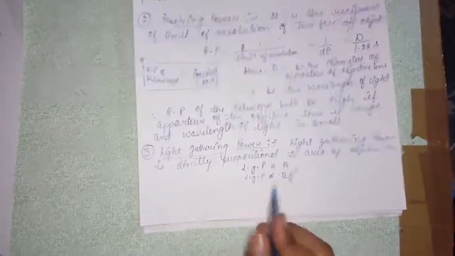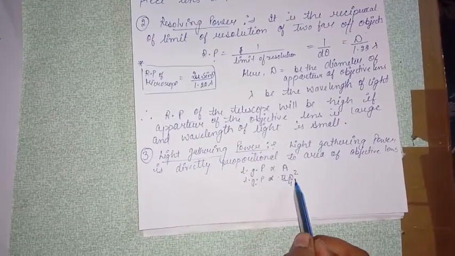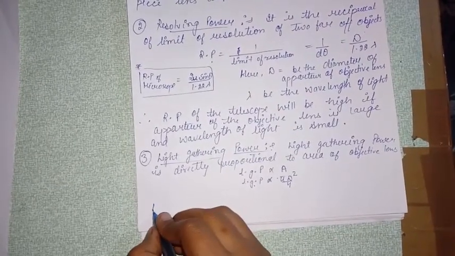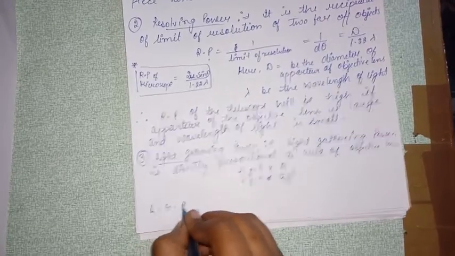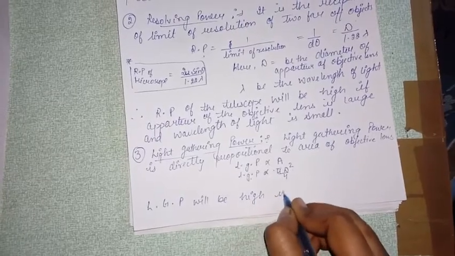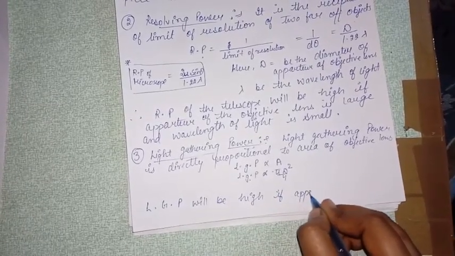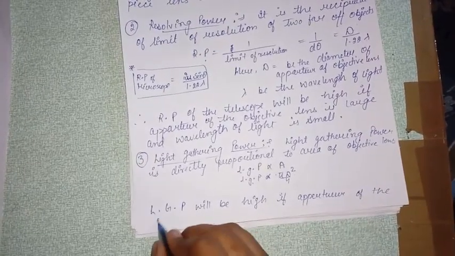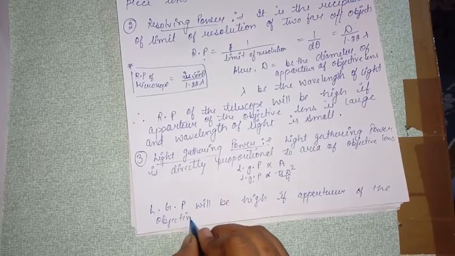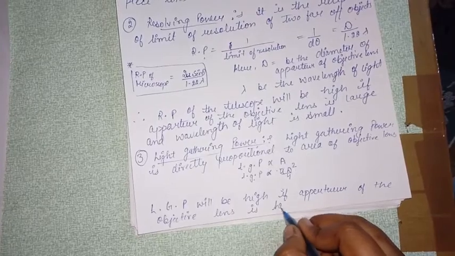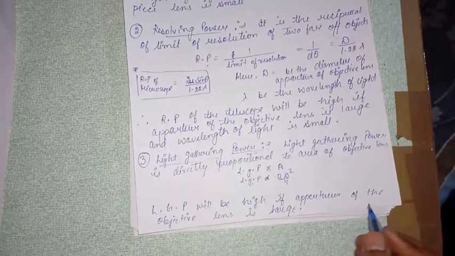So light gathering power will be high if the aperture of the objective lens is large. So these are the conditions for a good telescope.